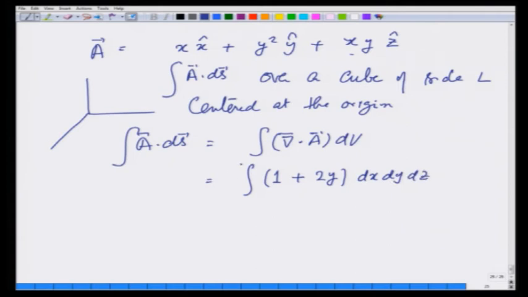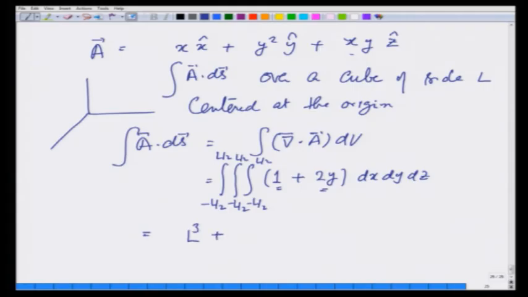Dx integral, let me write them separately. Dx integral is from minus L by 2 to L by 2. Dy integral is minus L by 2 to L by 2. Dz integral is minus L by 2 to L by 2. First term is a constant, so I get immediately L, L and L contribution from x, y and z, and therefore, I get L cubed from the first term.